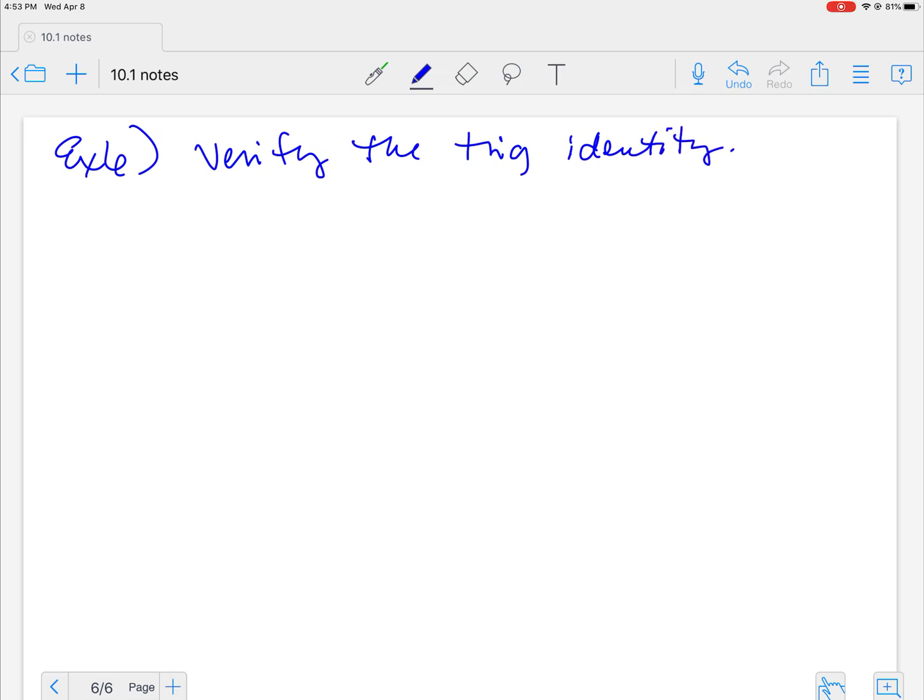I'm going to get a new page just so we have plenty of room. Verify the trig identity.